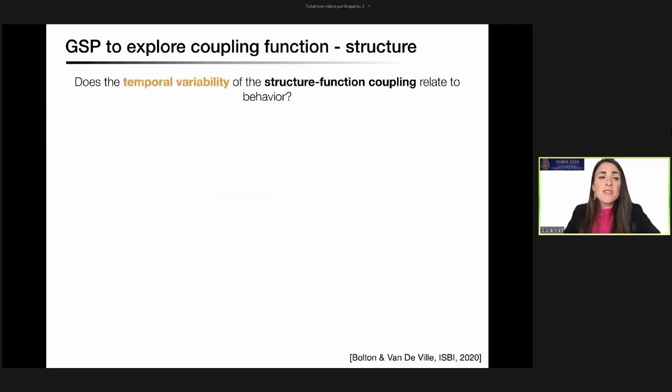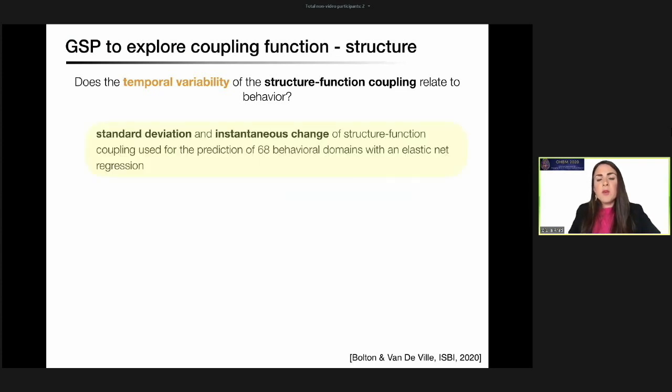But now the question is, does the temporal variability of this structure-function coupling also relate to behavior? In a preliminary work developed in our lab, this question was addressed by computing the standard deviation and instantaneous change of the structure-function coupling and using them to predict 68 behavioral domains.